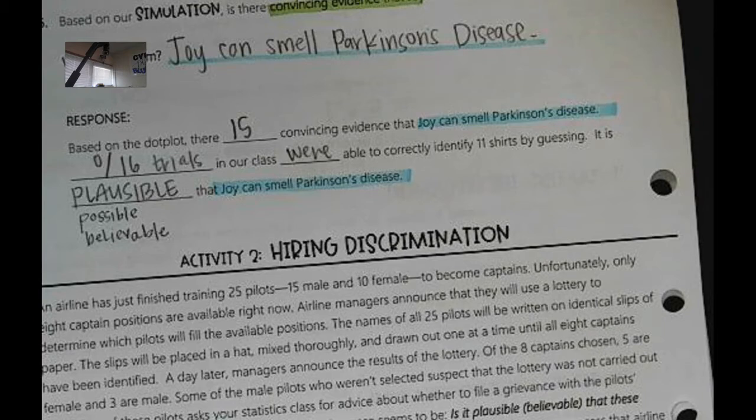It means it's believable or it's possible. Are you guys okay on that response? So we did the simulation to gather evidence to support her claim or to be able to reject her claim. Do you feel okay about what we did? 1 simulation, 16 trials. Y'all are good on that?